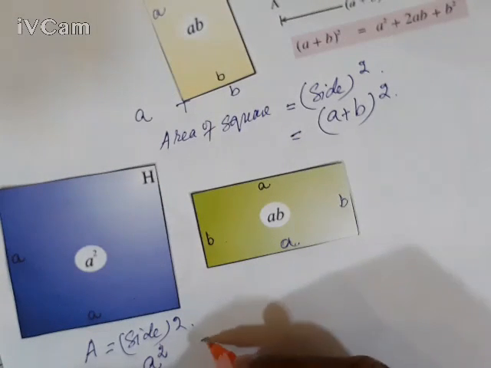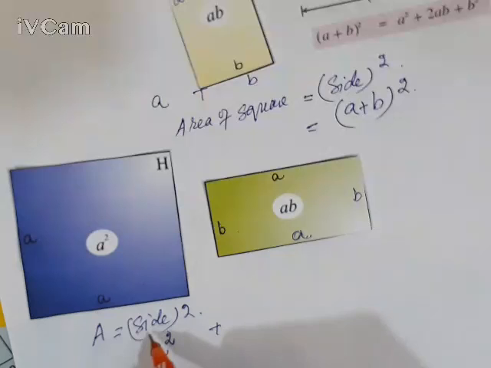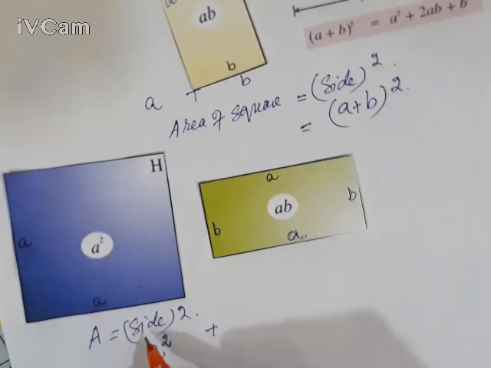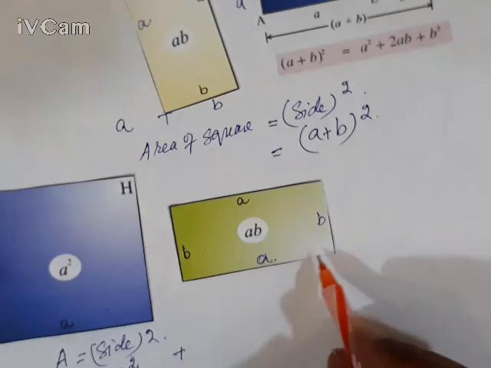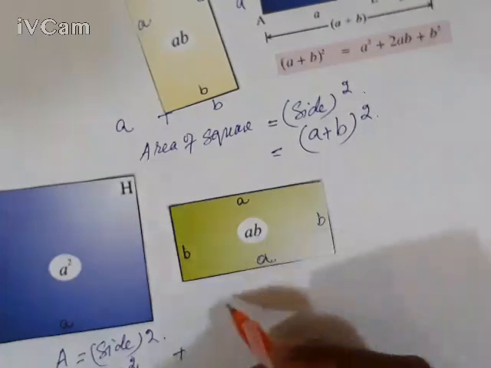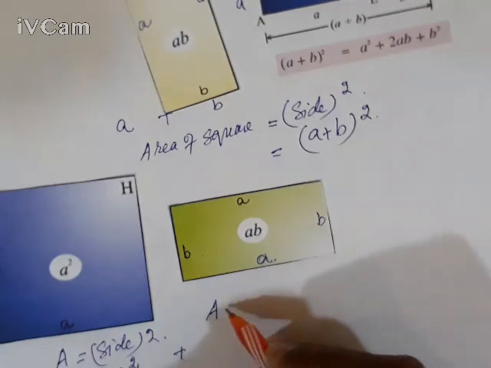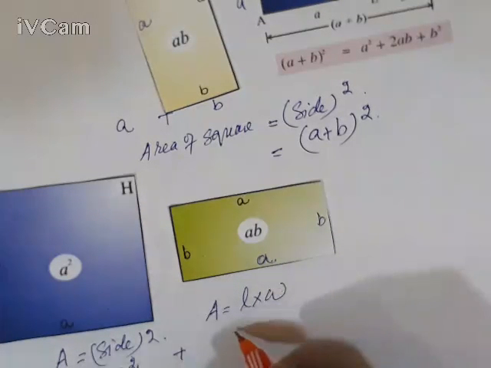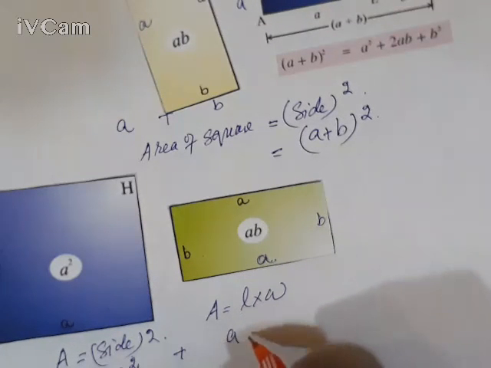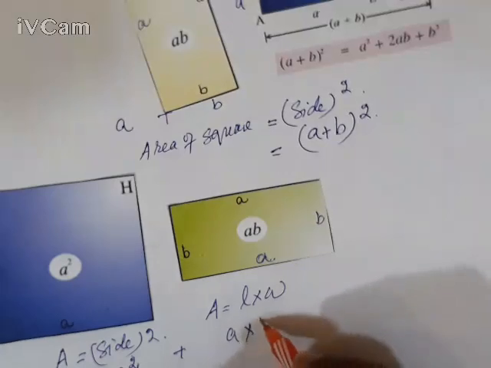We apply the formula for a rectangle: area is equal to length multiplied by width. So the length is a into b.